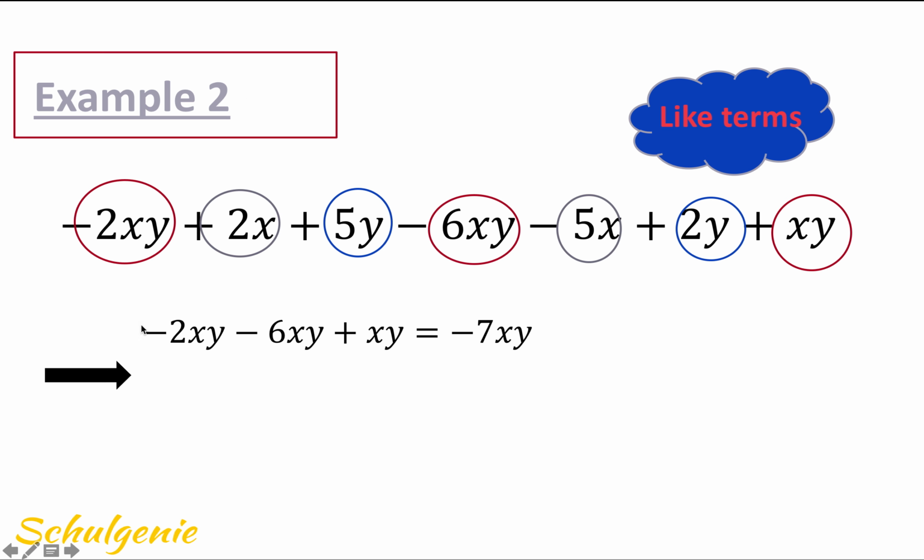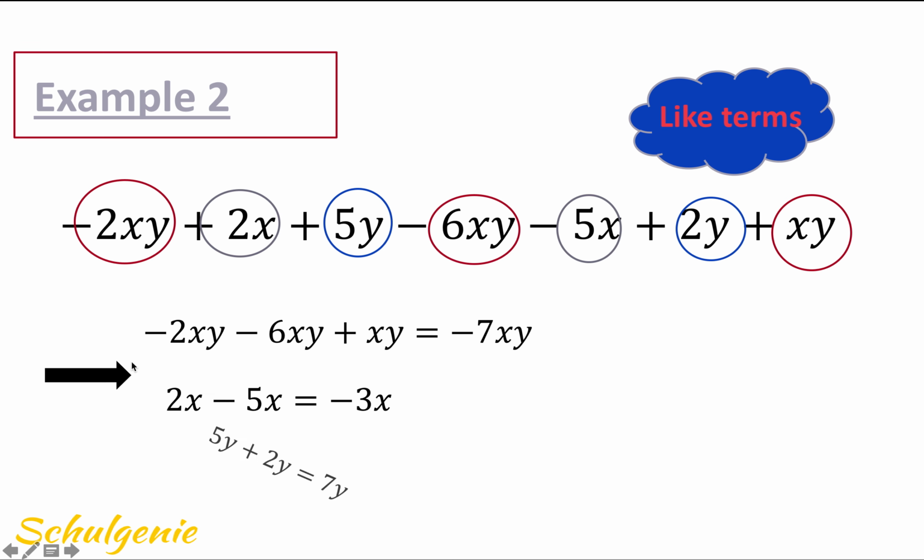Negative 2 minus 6, you add them, negative 8 because they are negative. Then negative 8 plus 1, we have a 1 here. Negative 8 plus 1, you subtract, so it's negative 7. And then your answer is negative 7xy. Now the like terms in gray. 2x minus 5x equals negative 3x because we keep the sign of the bigger number.